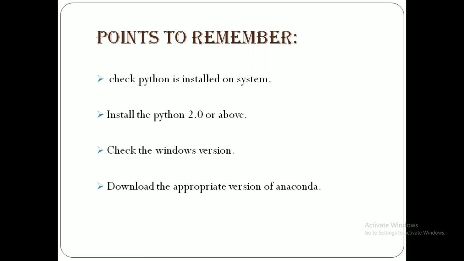These are the two things that we have to check. Also we have to check the Windows version, and then download the appropriate version of Anaconda. So these are the checkpoints that we have to remember whenever we are downloading Anaconda on Windows.